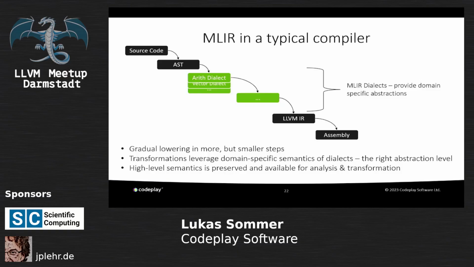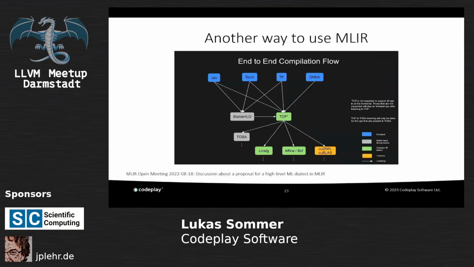So the whole idea behind MLIR is to create an infrastructure that allows people to design those dialects and use them to represent some high-level information that you need for your compiler. As I said, that's just one way to use MLIR.